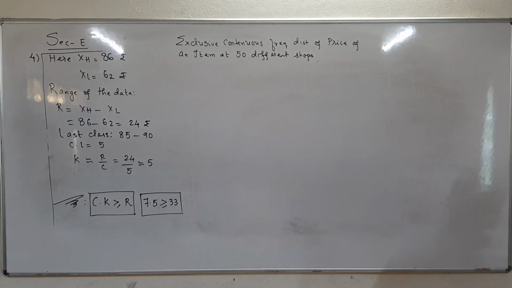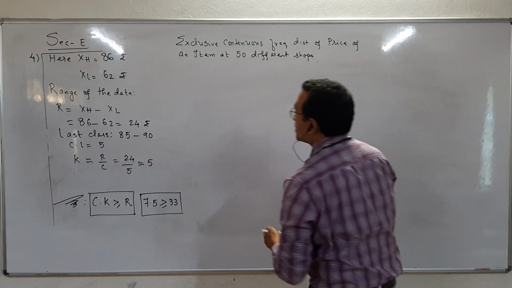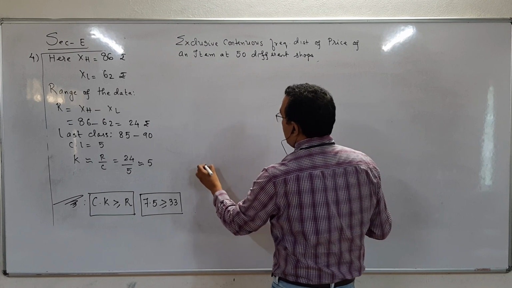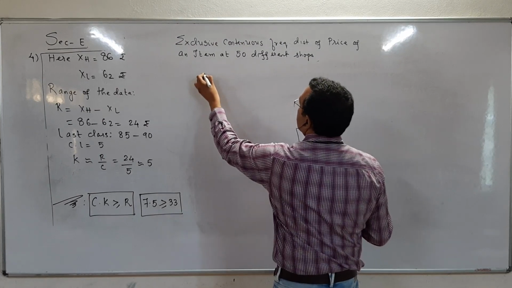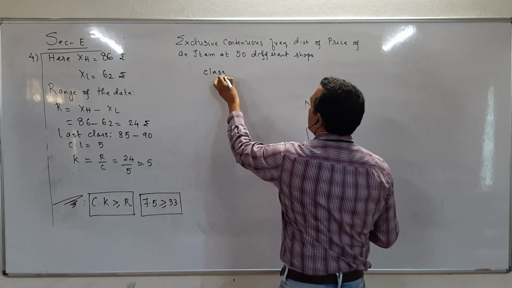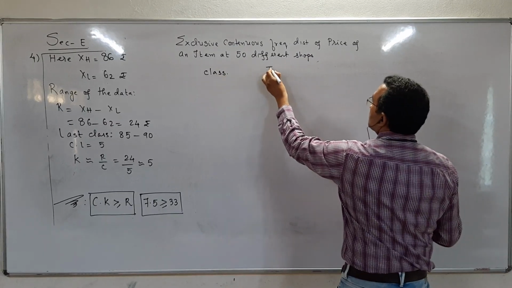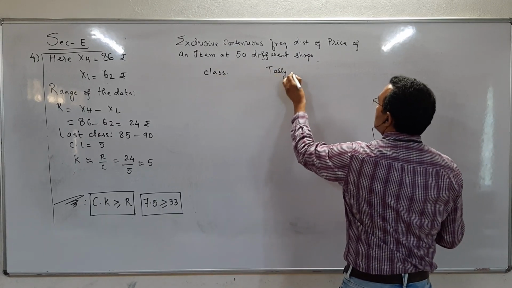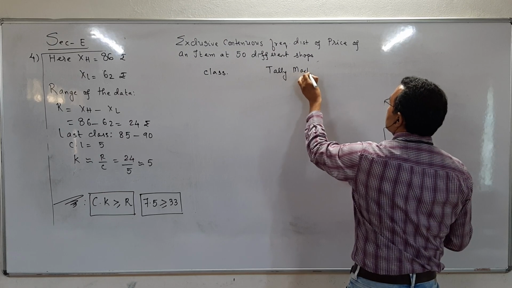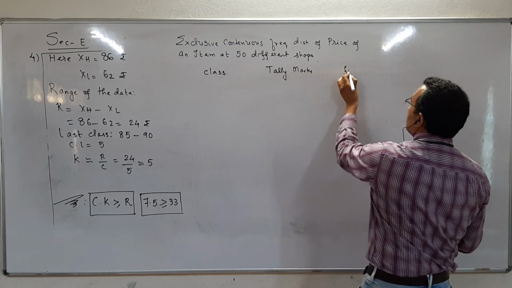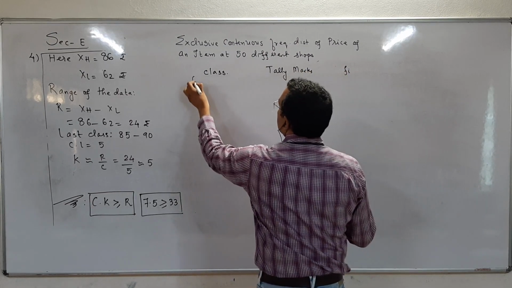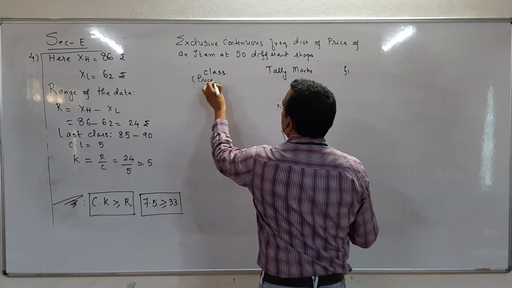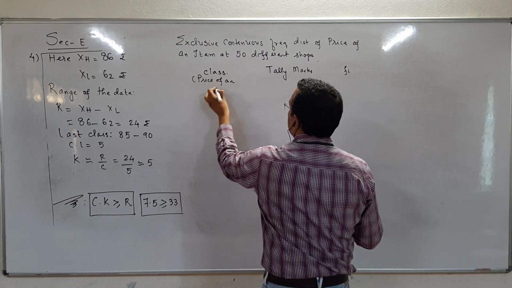Okay, students, now here I am going to start with the last class. So let us write here classes, telemarks, and frequency. Classes is nothing but the price of an item.